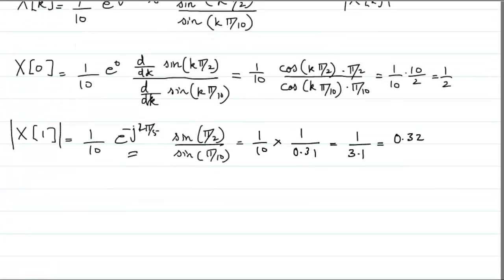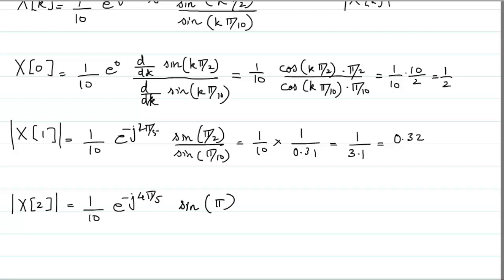Similarly, if I want to find out the magnitude of x of 2, the value will come as 1 by 10 e raised to power again minus j, k is 2, so 4 pi by 5, and then sine of 2 pi by 2, which is sine of pi, divided by sine of pi by 5, because k is equal to 2. Now here sine of pi is equal to 0, so this whole equation will have a value of 0. So magnitude of x of 2 is equal to 0.